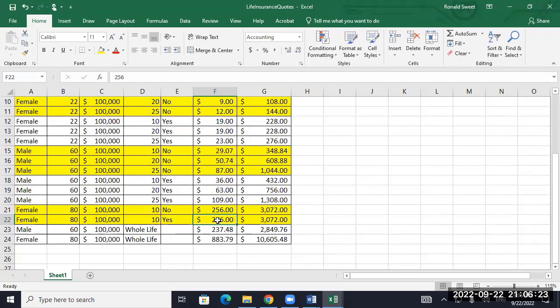So 10 is the best you could do, at $3,000 a year. But even then, for an 80-year-old woman with $100,000, there's a pretty high probability she's going to die before she makes it to 90. And yet for 10 years, she'd only pay $30,000. So even then, that seemed kind of cheap to me. I was kind of surprised it was that low.